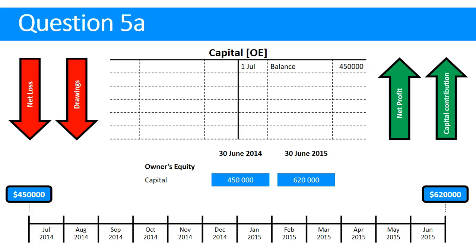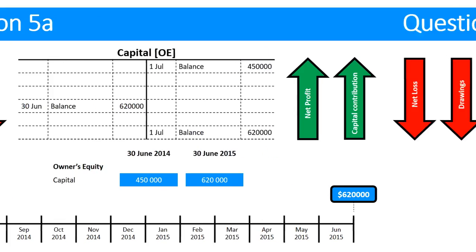So we want to enter the opening balance. Remember, they report annually, so the opening balance would be from the 1st of July. That would be 450,000. We weren't asked to balance this, but when we do, we would balance it to $620,000 on the 30th of June on the debit side, and we'd carry that down on the 1st of July.